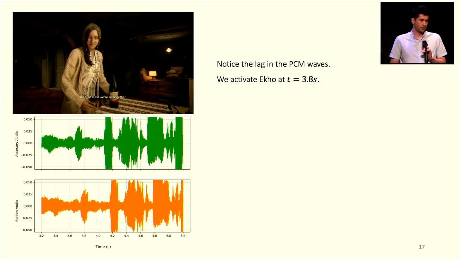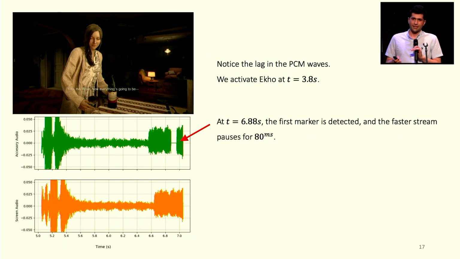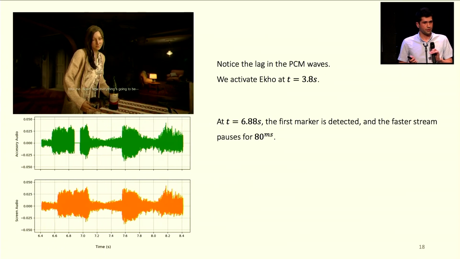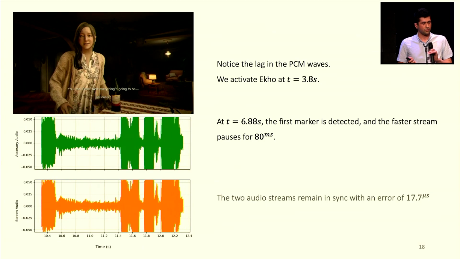At least we're all together. After about 3 seconds, Ekho detects that there's an 80 millisecond latency between these two streams. And it fixes it by adding 80 milliseconds of silence into the faster route. Now, if you listen to it, you're only going to hear a single source.